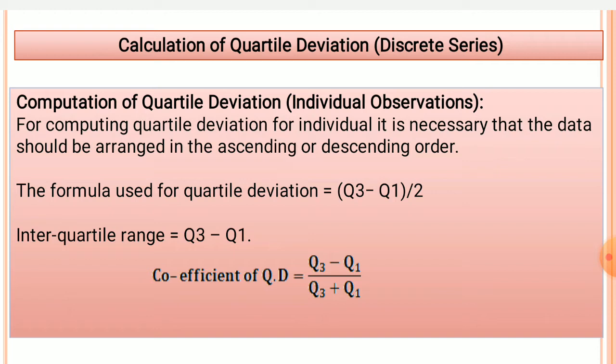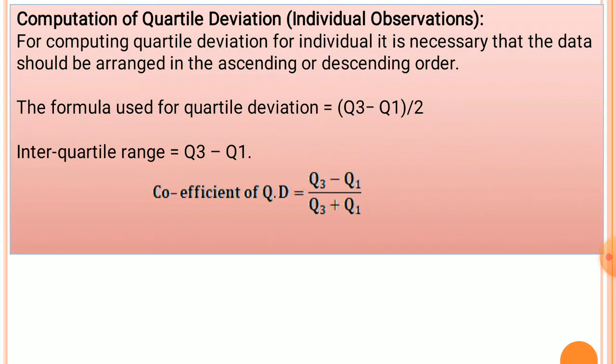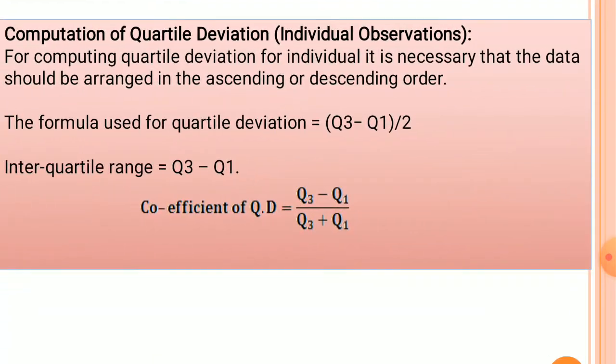You already know that. The formula used for quartile deviation is equal to (Q3 minus Q1) by 2. Interquartile range is equal to Q3 minus Q1, and coefficient of QD is equal to (Q3 minus Q1) by (Q3 plus Q1).